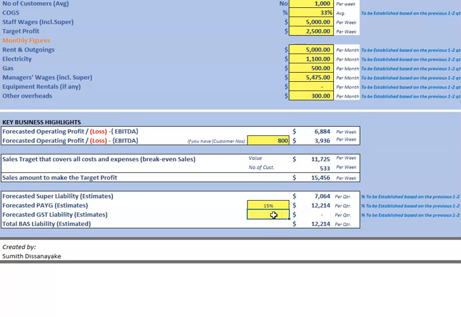And the GST again, you collect some GST when you sell the product, and then you also get some input tax when you are buying the products and services. So once you know the pattern of how much I need to pay to the ATO and how much I can collect from my purchases, then you can establish a number.